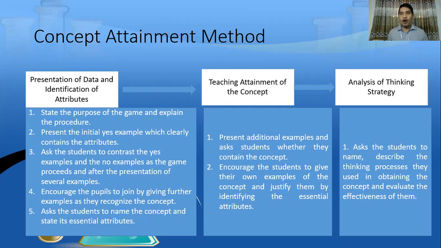So it's more of the teacher facilitating the students to recognize what strategy they used in order to arrive at the concept that they are discussing in the science class. So those are the different steps that you need to follow whenever you employ concept attainment method.